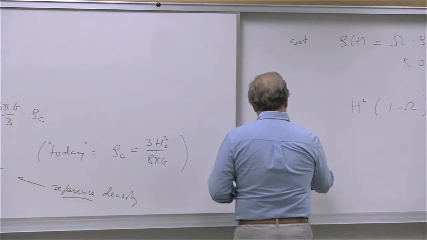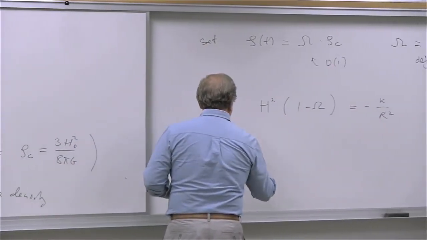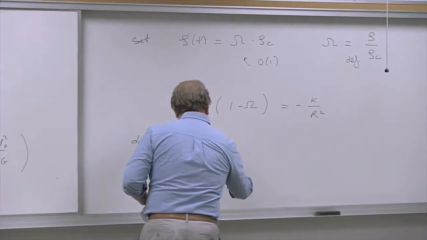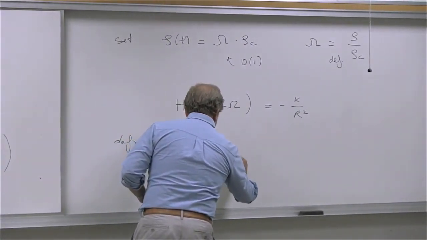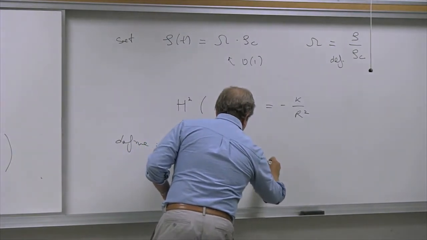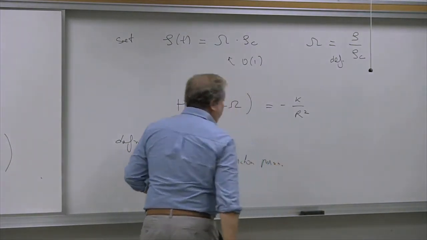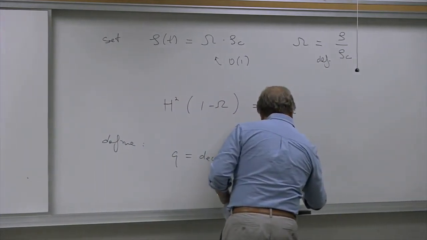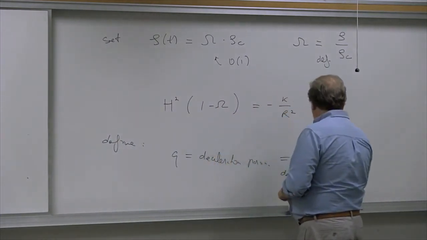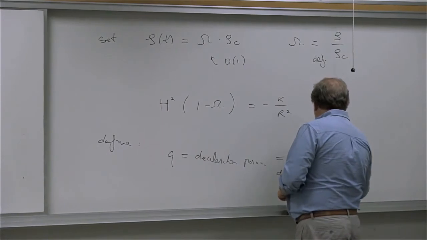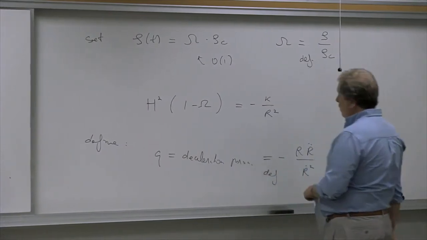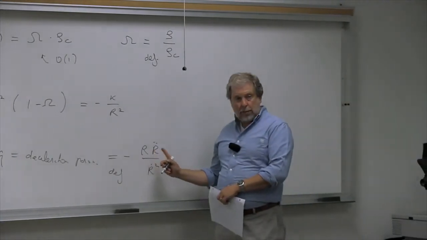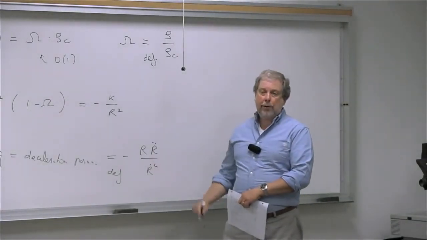And so one can define the following quantity, q, equal to the deceleration parameter, which is defined as minus r times r double dot divided by r dot squared. So the acceleration parameter has nothing to do with the velocity, but with the acceleration, the r double dot.